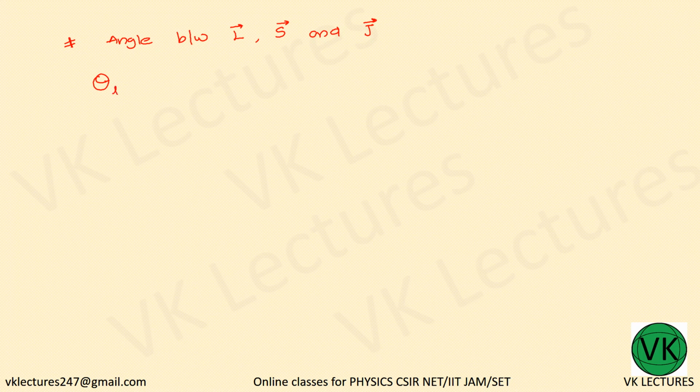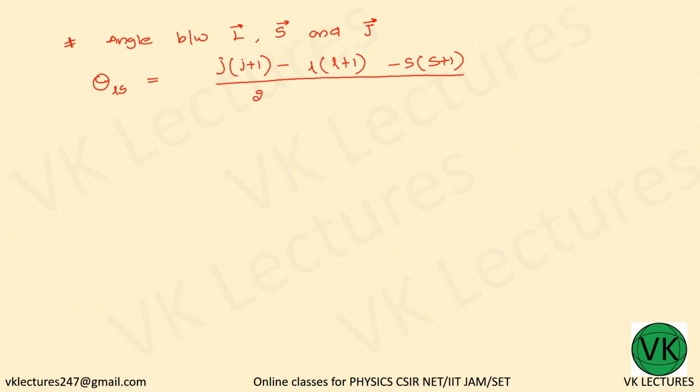So theta LS, the angle between L and S, is given by J into J plus 1 minus L into L plus 1 minus S into S plus 1, divided by 2 into root of L into L plus 1 times S into S plus 1.